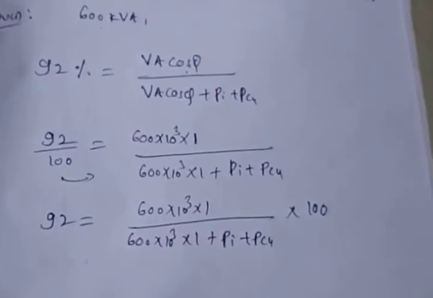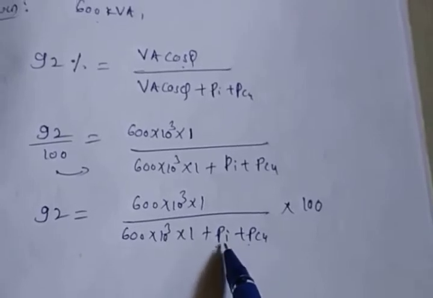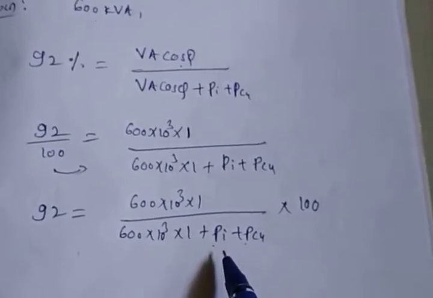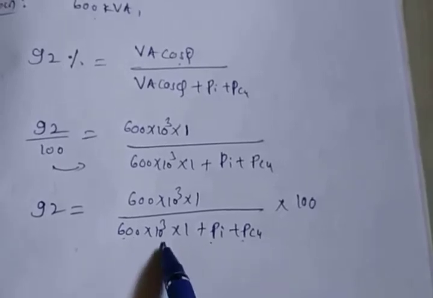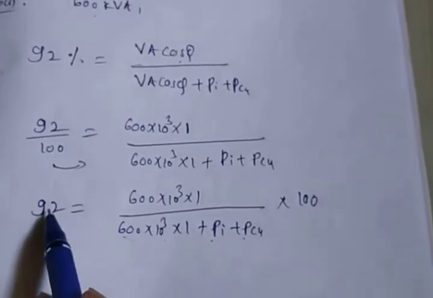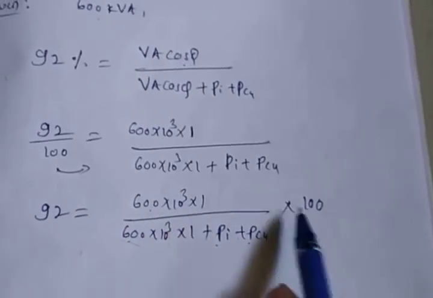Now the next task is to separate the PI and PCU value, so you will get equation number 1. Simplify: multiply the whole term 600 into 10 to the power 3 plus PI plus PCU by 92, and multiply 600 into 10 to the power 3 into 1 into 100.